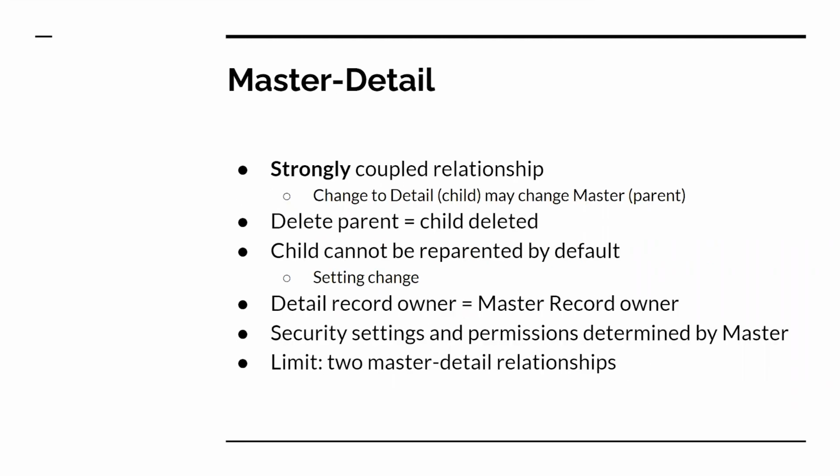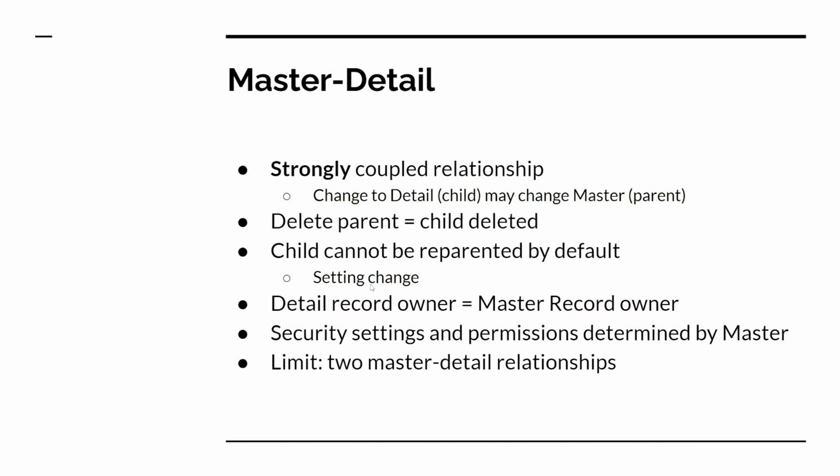So master detail. Another type of relationship, and this is conversely a strongly coupled relationship. What that means by strongly coupled is, if there's a change made to the detail, the child, this may cause a change to the master, the parent. Additionally, if you delete the master, you will delete the detail as well.